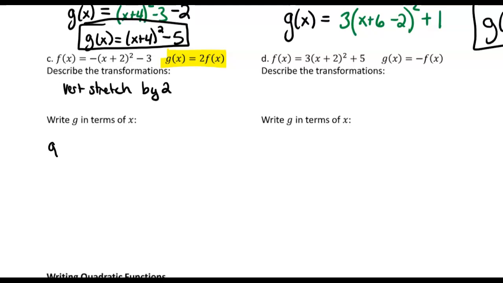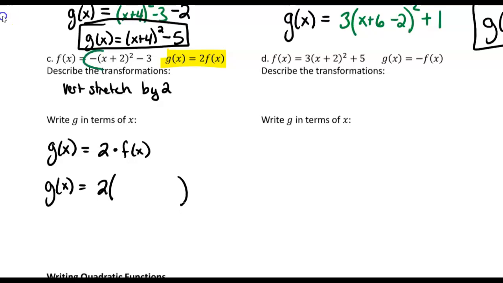So what we do there is we're taking 2 times f of x. Now 2 times the entire function. So we are going to do 2 times, this is all of f of x, so negative x plus 2 squared minus 3.